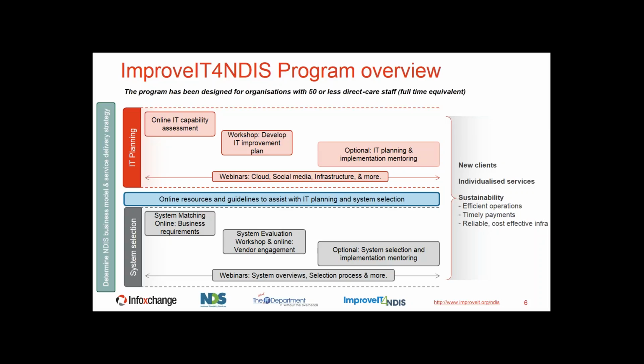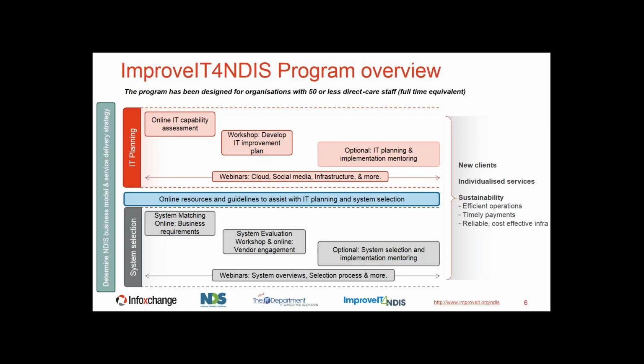That online self-assessment generally takes around 20 minutes to complete, and because we do look at a fair bit of detail in that, it gives you those strengths and weaknesses, and that then feeds straight into the workshop that helps you develop an IT improvement plan.